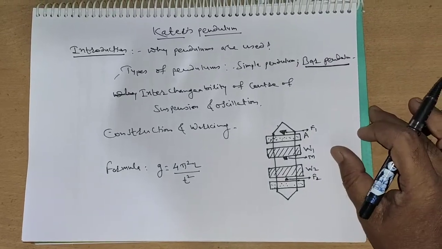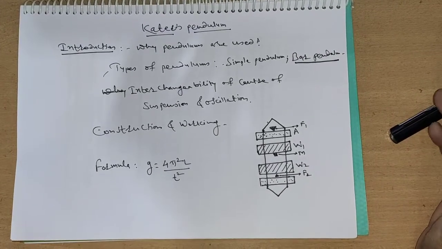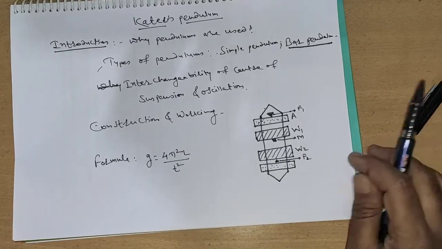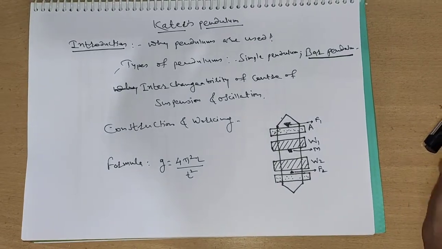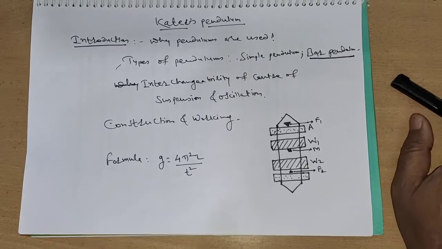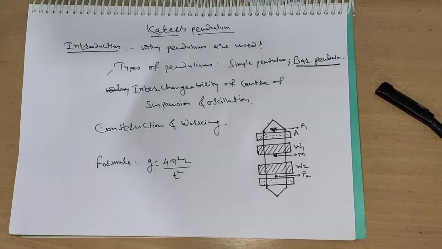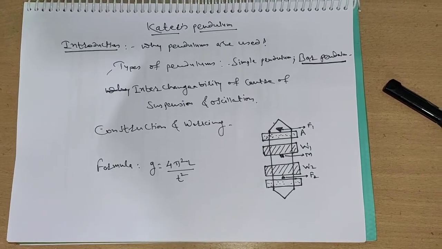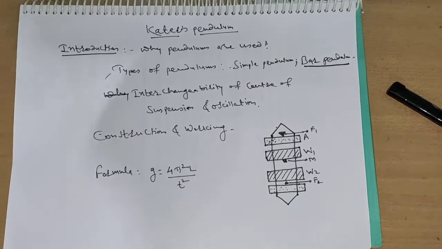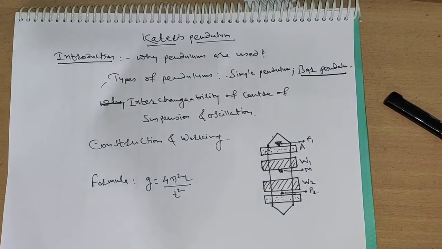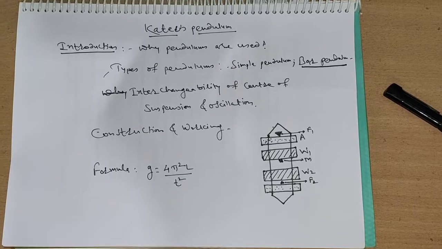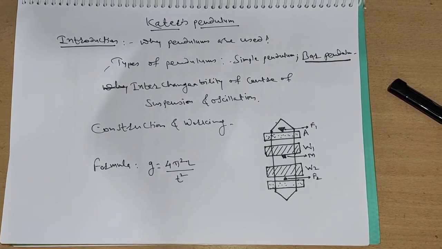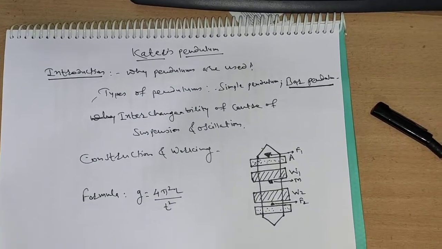Therefore, to overcome the drawbacks of the simple pendulum and bar pendulum, there is another pendulum, which we are going to study now: Kater's pendulum. In the bar pendulum and Kater's pendulum, the interchangeability of the center of suspension and center of oscillation is one of the important properties.